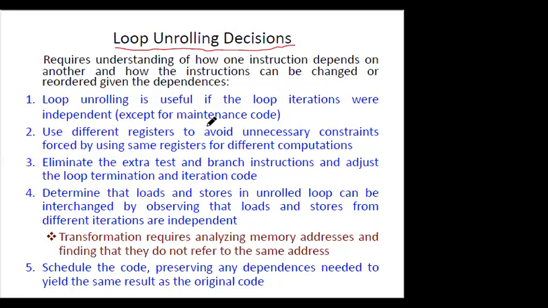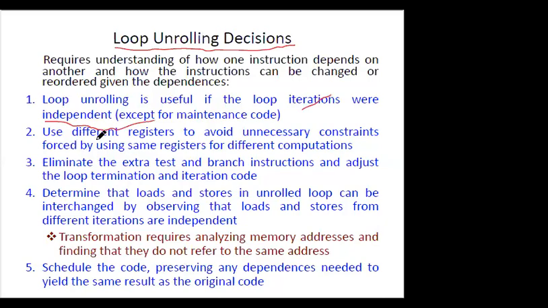If there are too many dependencies, then loop unrolling is not a fruitful decision, as we cannot reschedule so many instructions simultaneously. So it is favorable for this technique if there are more independent instructions.